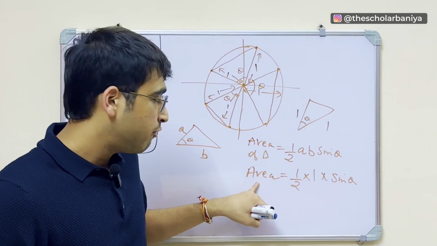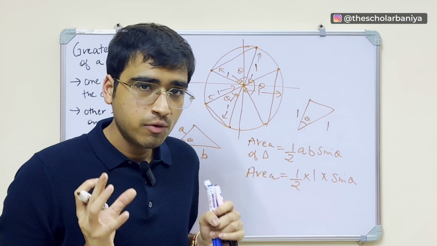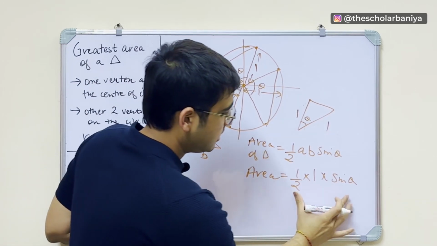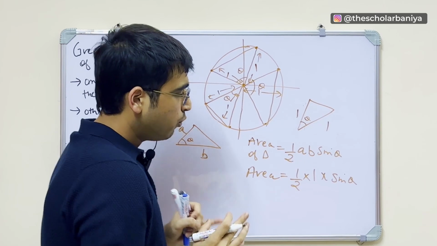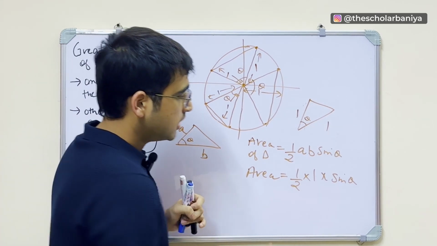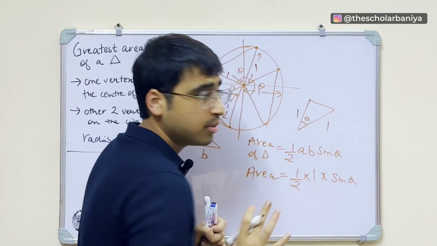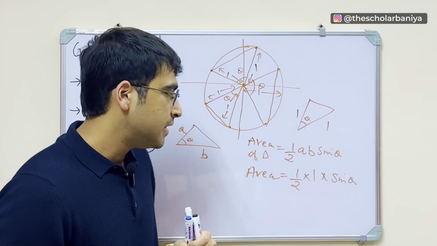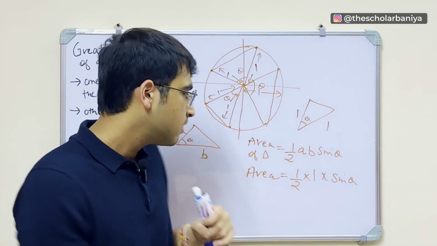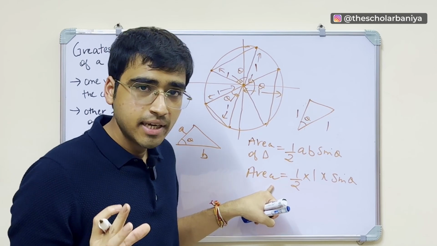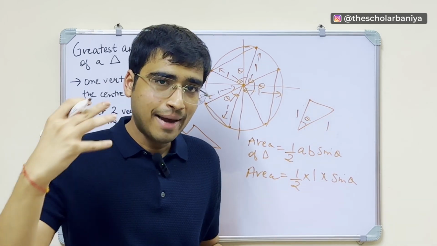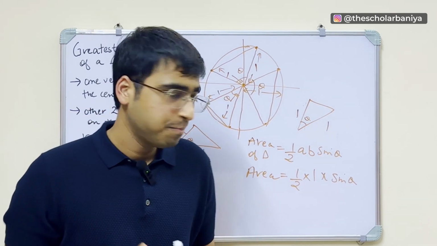Now, because we have to calculate the maximum area of a triangle, that means basically we have to maximize this, right? Okay, so what is the variable over here? This is constant. The only variable over here is sine theta. That means the higher the value of sine theta, the higher will be the area. So if we have to calculate the maximum area, we have to calculate the maximum value of sine theta, right?